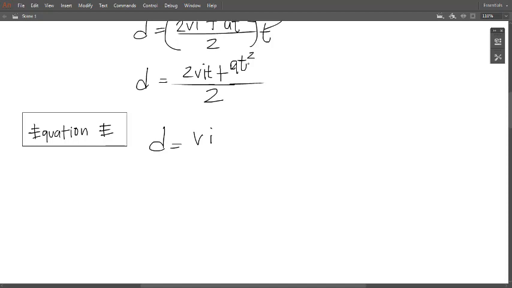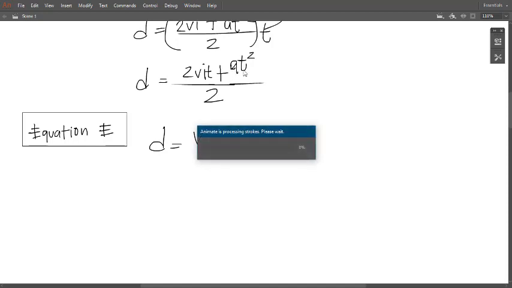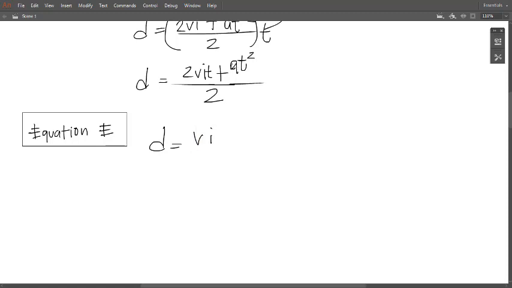Plus, okay, so v_i t, the initial velocity multiplied by time, plus the product of acceleration and time squared over 2. So we'll be having this formula.